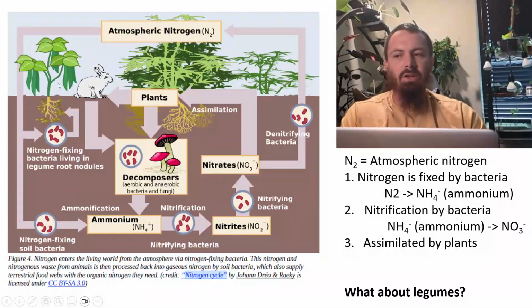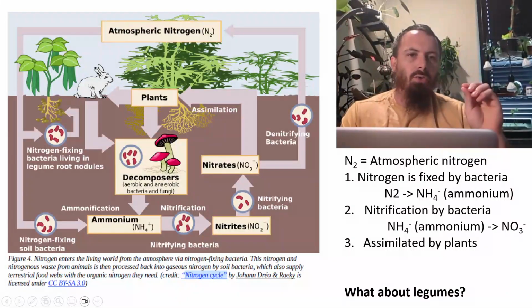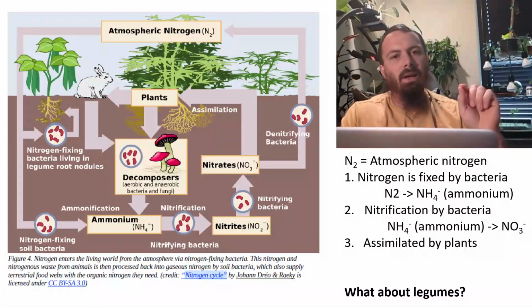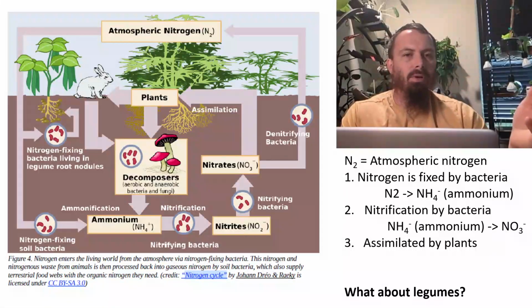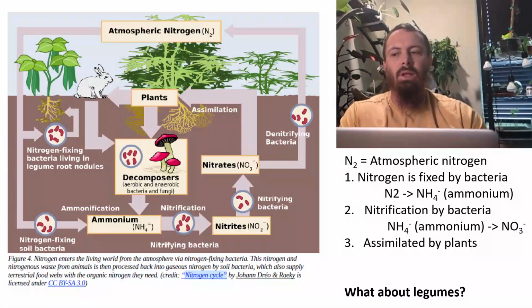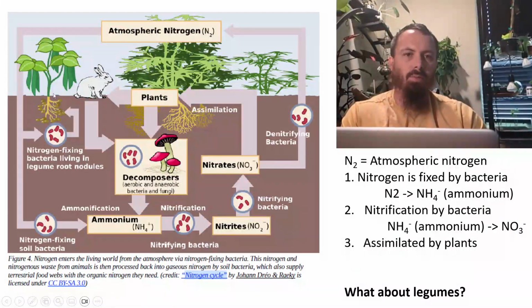Here's a legume of some sort, a pea plant. And inside their roots, they have these little nodules that house bacteria. And these bacteria, oftentimes rhizobia bacteria, can take N2, convert it into nitrate, and give it straight to the plant. And so rather than going through this whole long process, N2 goes into the bacteria inside the plant's roots and then gives it straight to the plant.